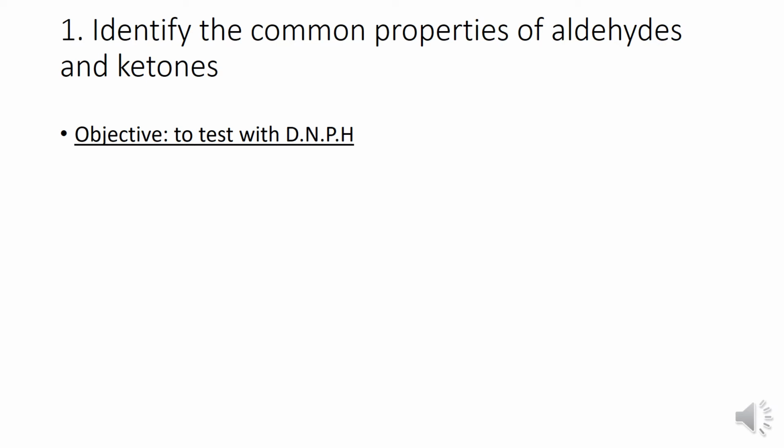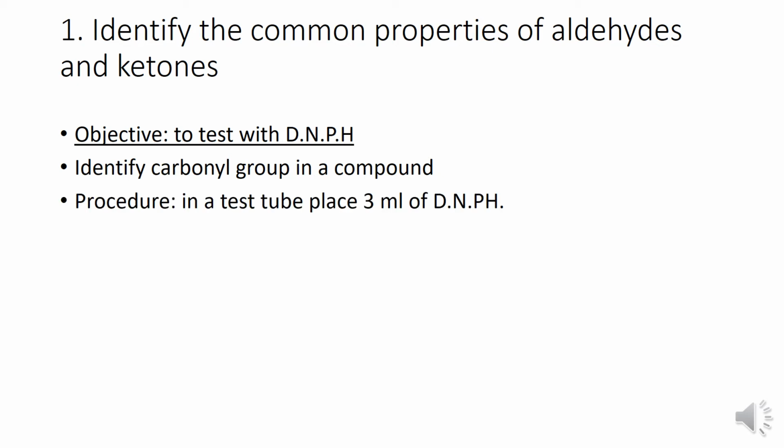You are not responsible for drawing the structural formula, and you are not responsible for the reactions. You only have to know the experiment and the test. Identify here a carbonyl group in a compound.